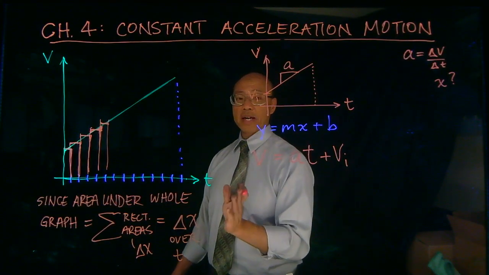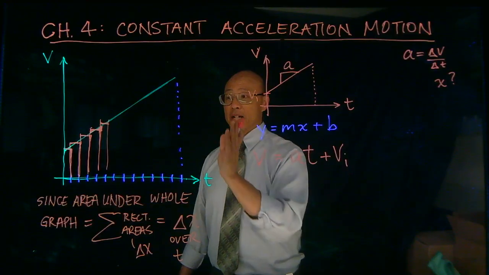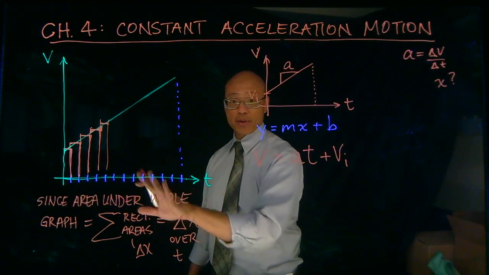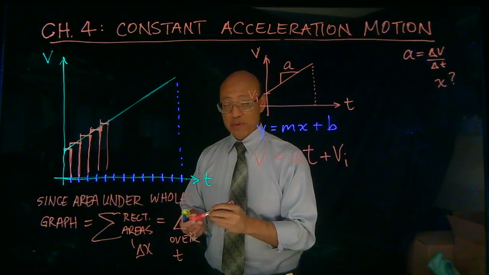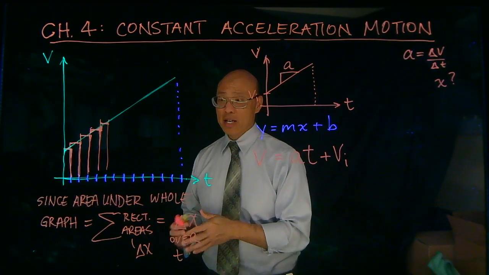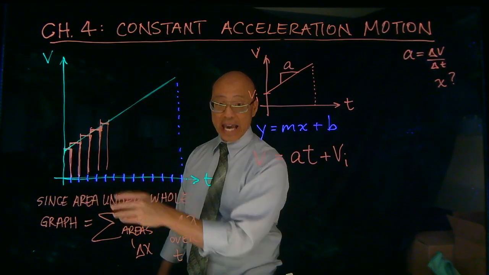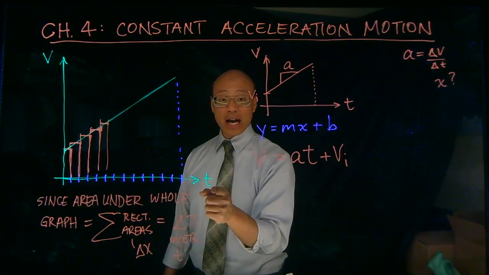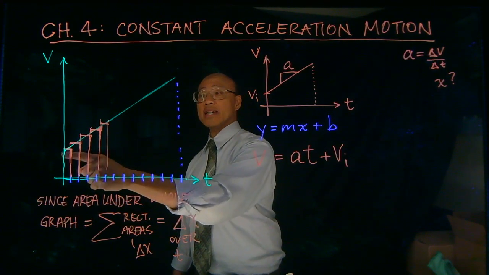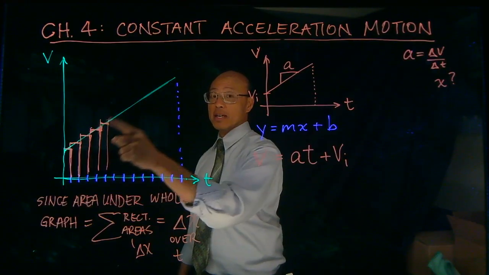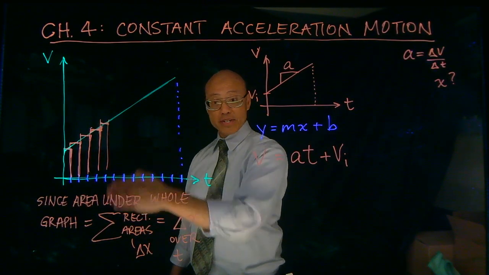So I can still talk about area under a graph meaning displacement if I just think of any area under the graph as a whole bunch of rectangles. That's how the logic works. Remember the if-then logic idea from chapter 1? If I believe that the rectangular area of a VT graph corresponds to delta x, then I can take any shape VT and represent it as a bunch of rectangular areas.